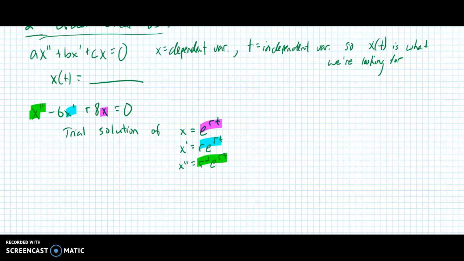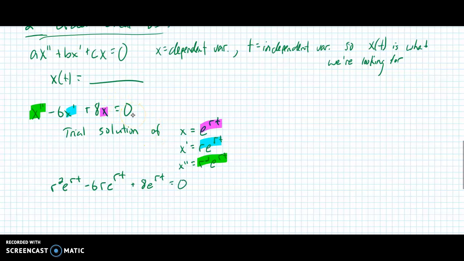So when I plug those in, I get r squared e to the rt minus 6 r e to the rt. That is this guy with this negative 6 on it, plus 8, that's this, times e to the rt, and I need that to be equal to 0.